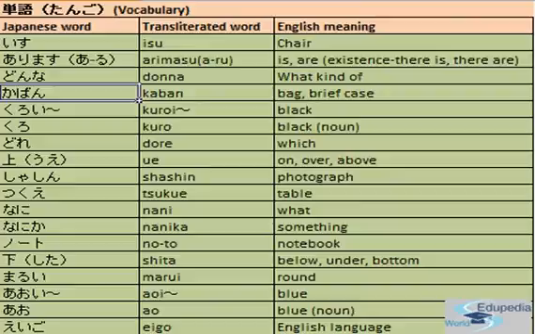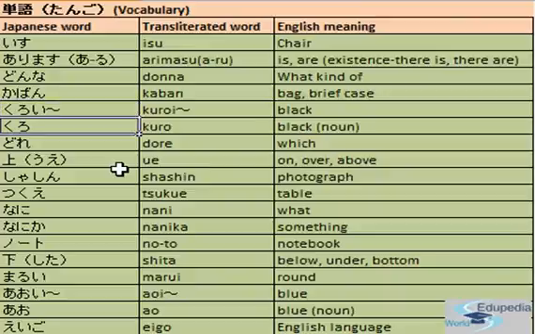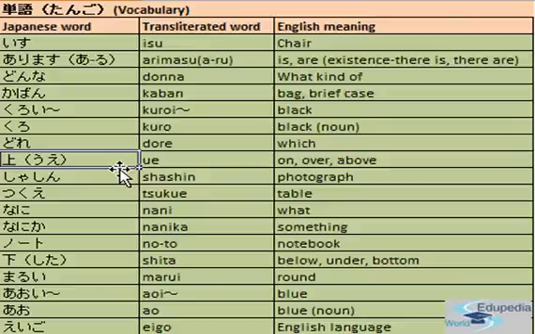Kuroi, black. Kuro, black. Dore, which. Ue, on, over or above.